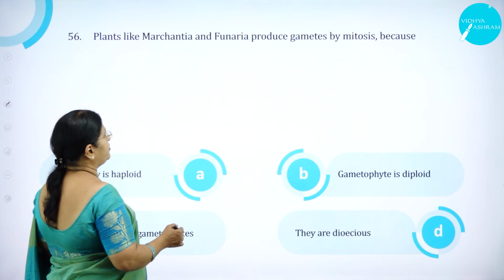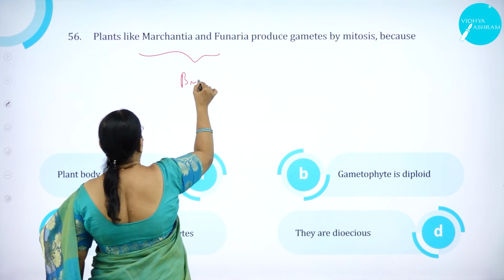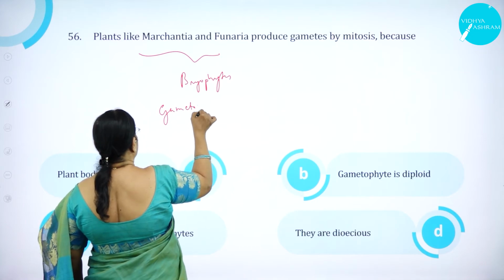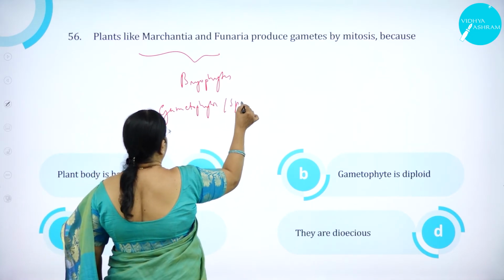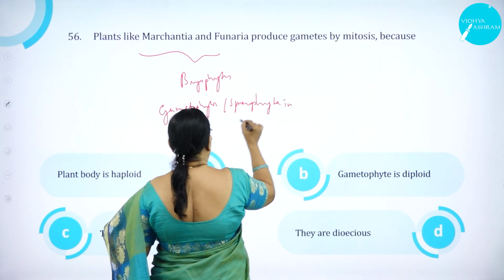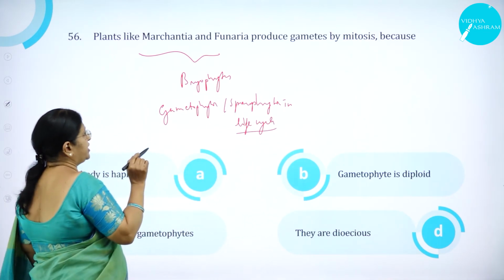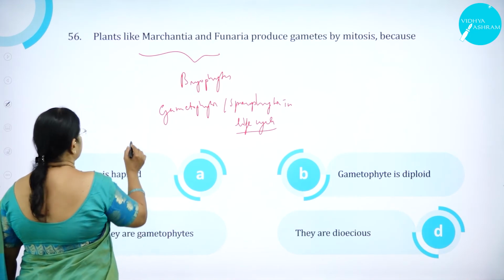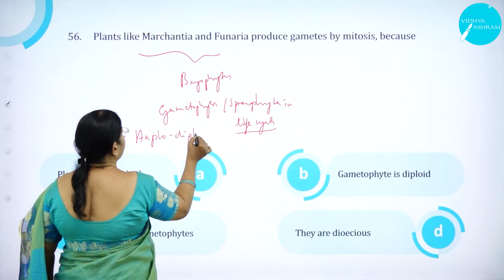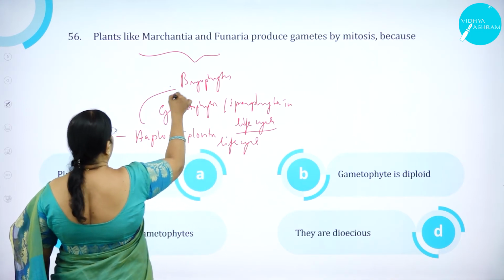Plants like Marchantia and Funaria produce gametes by mitosis. So these both are bryophytes, which have both gametophytic as well as sporophytic phases in the life cycle. So it is a haplodiplontic life cycle in bryophytes.